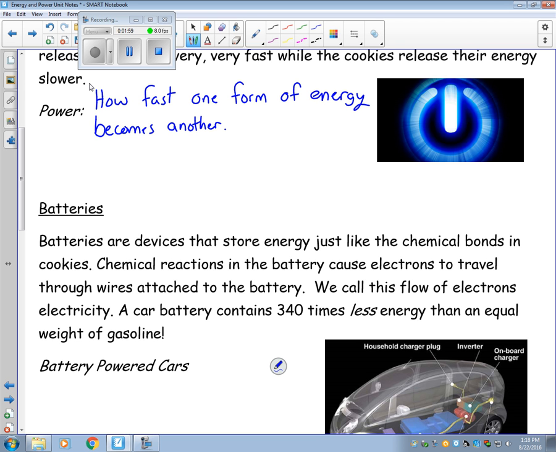So the dynamite has less energy, but it has a higher power. It can convert its energy into heat faster than the cookies can.